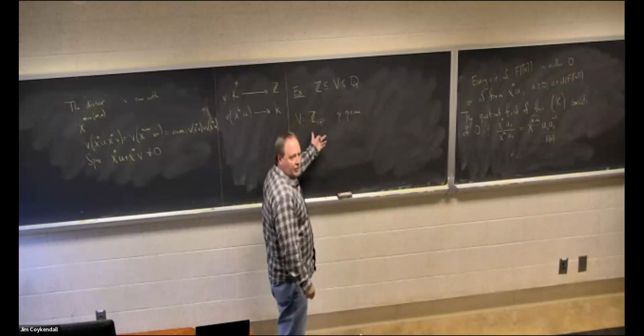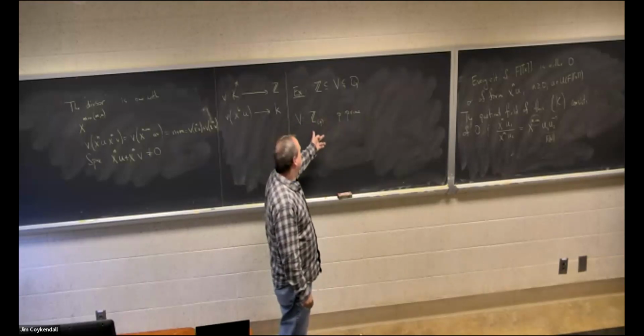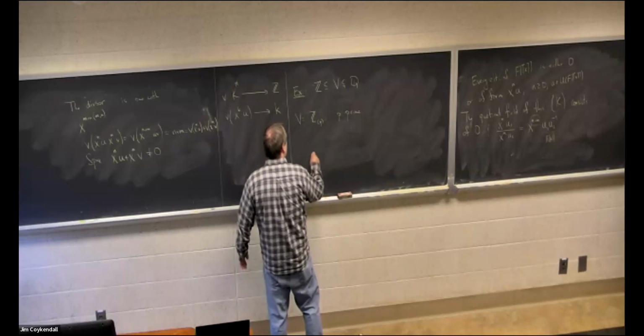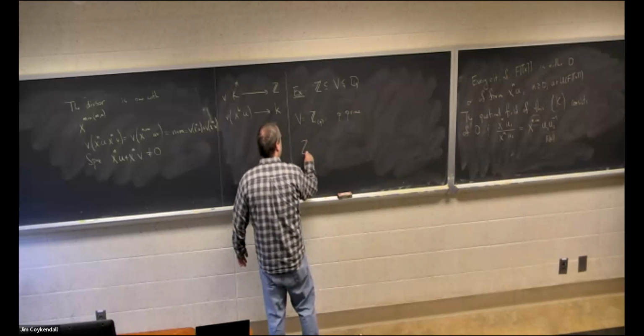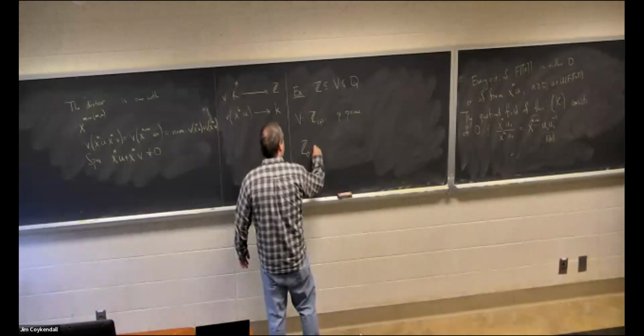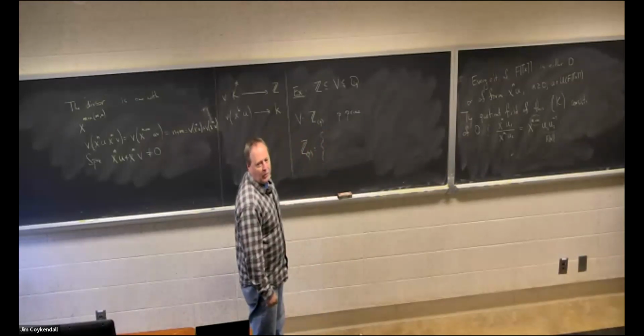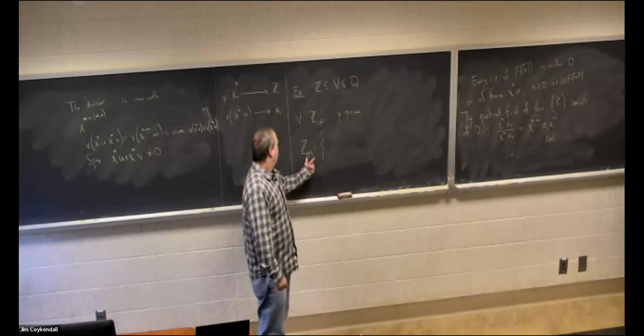If you take any non-zero prime ideal and localize, you get a valuation domain. It's actually very similar to the power series. Let me recall for you: Z localized at P. This is rather unfortunate notation.